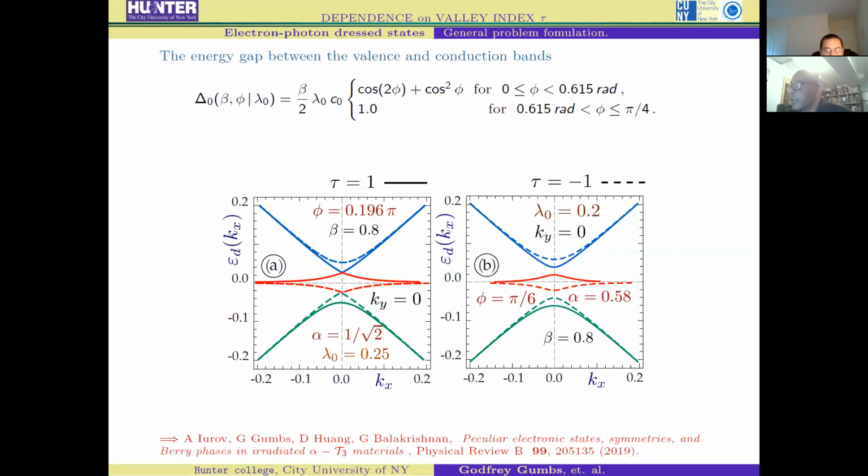So here tau equal 1 corresponds to the K point, tau equal minus 1 to the K prime point. So let's have the solid line near the K valley, and the dashed line in the K prime valley. Here you see quite clearly that the solid line and the dashed line are separated. So that shows that this degeneracy is lifted.